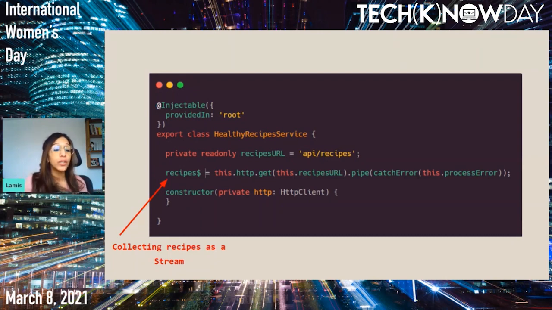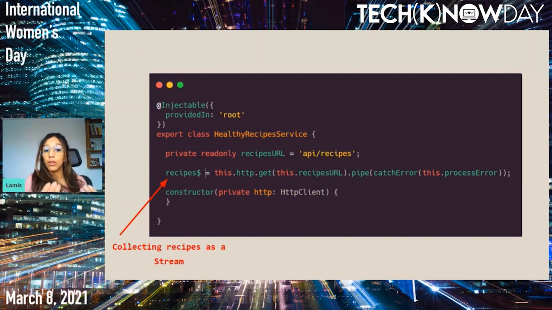You can also use the change detection strategy OnPush to enhance the performance of your application, because it gets triggered when the observable is called in your template. So it comes in handy in those kinds of situations. Yeah, so I really recommend this pattern.